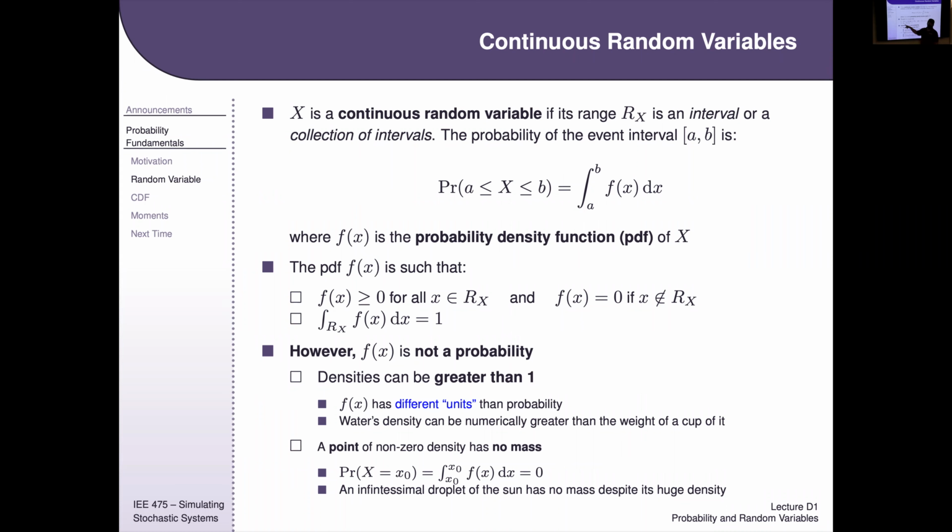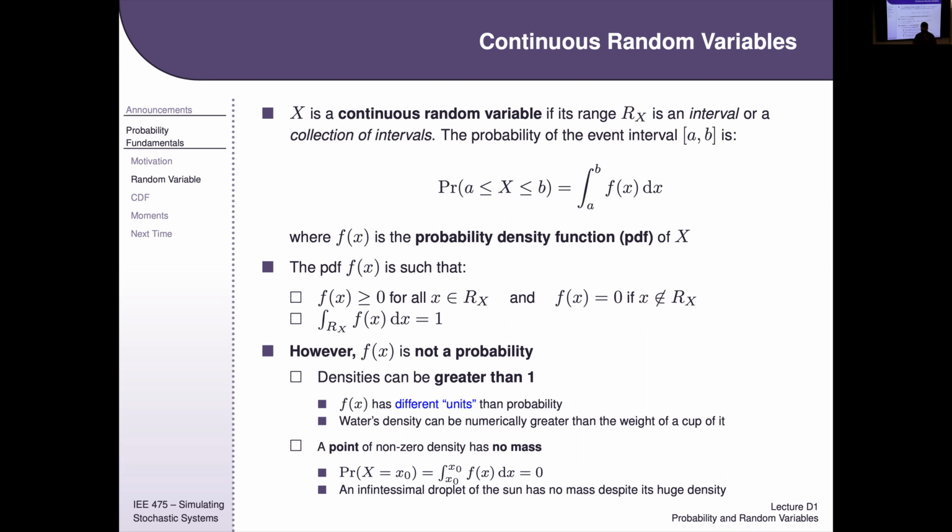Now, here's the thing that's different than probability mass. The integral over the range of the density has to equal 1. But that doesn't mean the density has to be less than 1. The density itself can be greater than 1 because density has different units than probability. So a point of non-zero density has no mass.